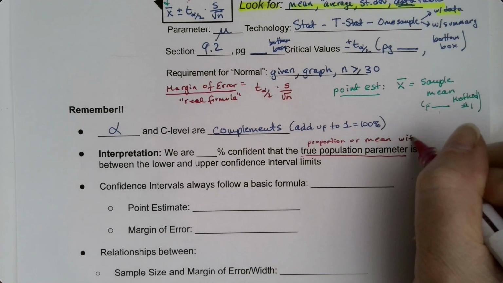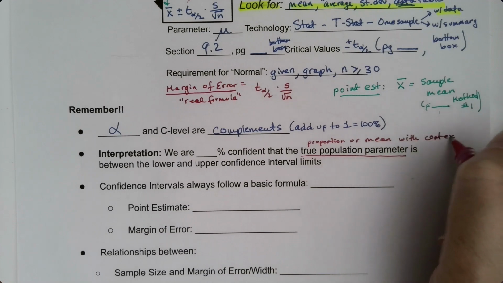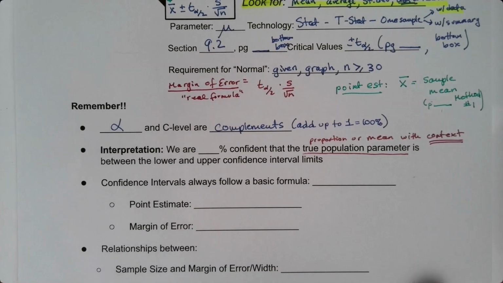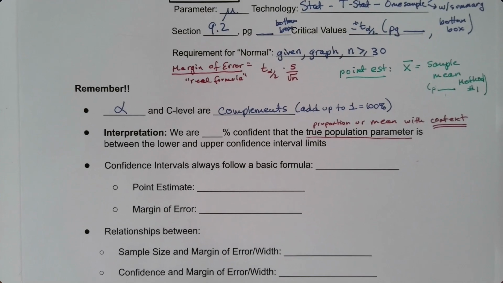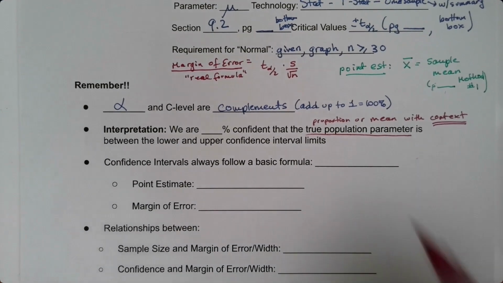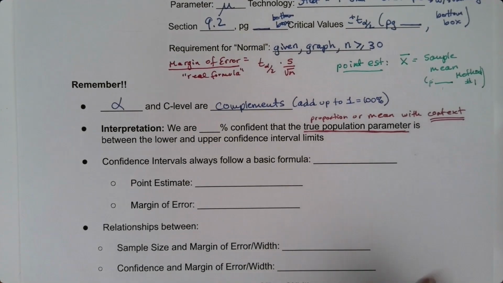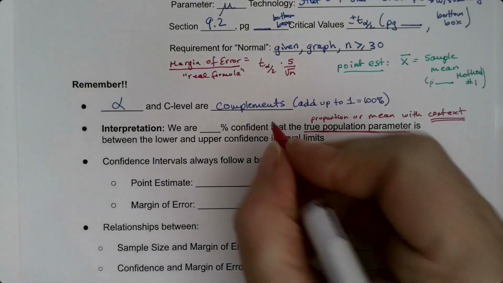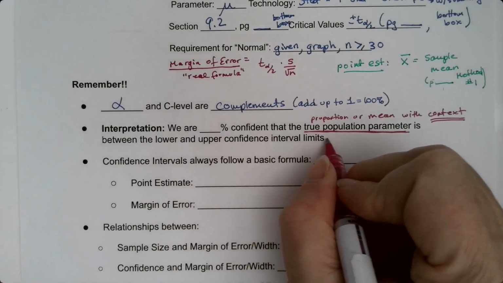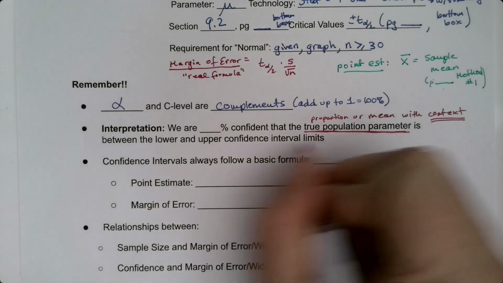You have to figure out what the problem was talking about. Usually it's in the problem somewhere, but you have to include it. It has to have the context with it to be valid.